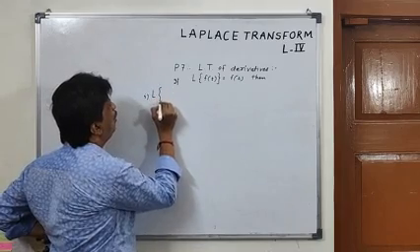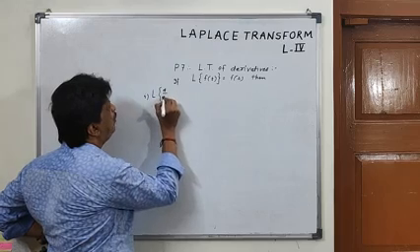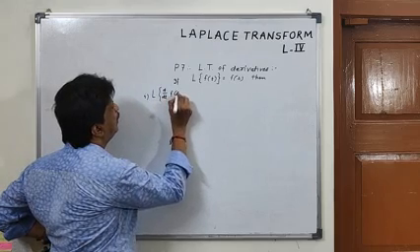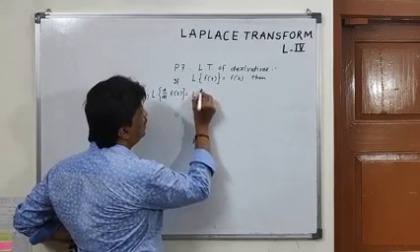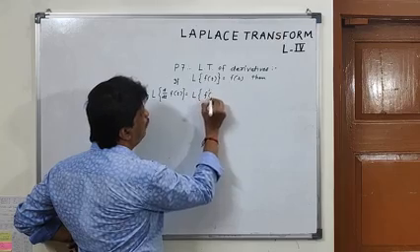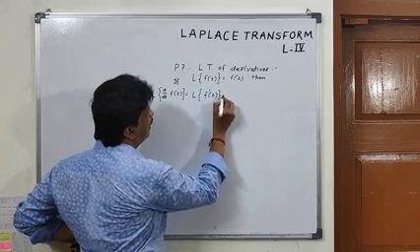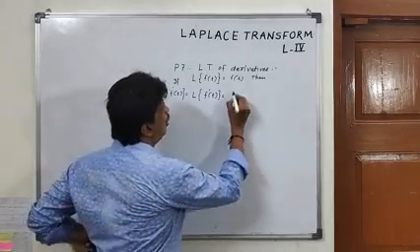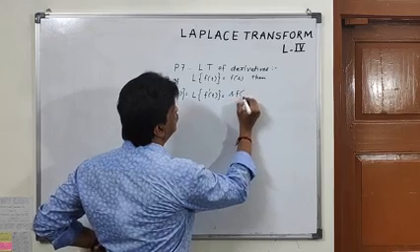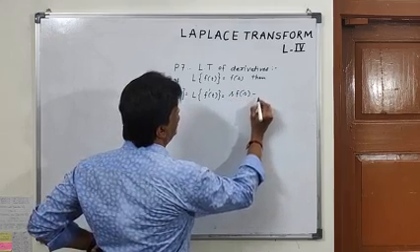Laplace transform of d/dt of f of t, or Laplace transform of f prime of t, is equal to s into F of s minus f of 0.